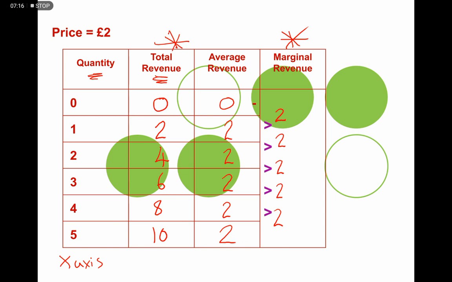So if we were to draw a diagram, this will be our x-axis with quantity, and we'd be plotting total and marginal revenue, and average revenue here. Okay, not total revenue, that was wrong. Average and marginal revenue.